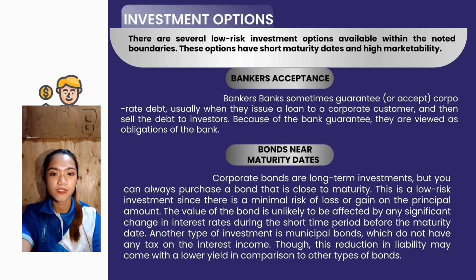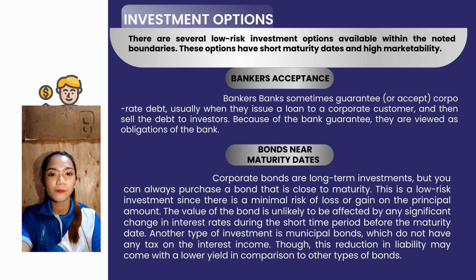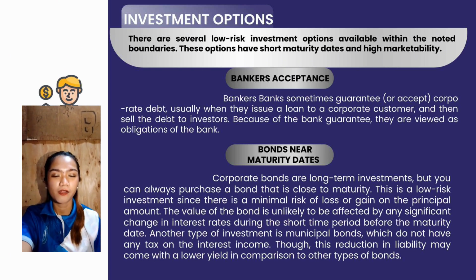It also provides assurance to the supplier that payment will be made as agreed upon. Overall, bankers' acceptances are commonly used in international trade and can help facilitate transactions between importers and exporters by providing a secure payment mechanism.